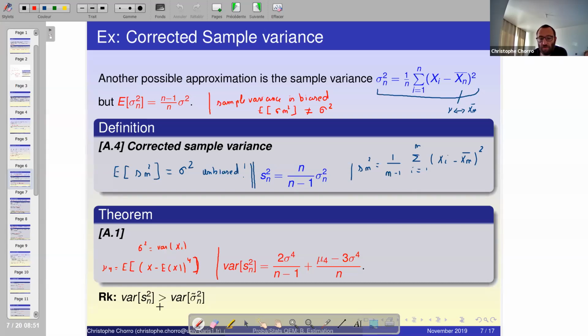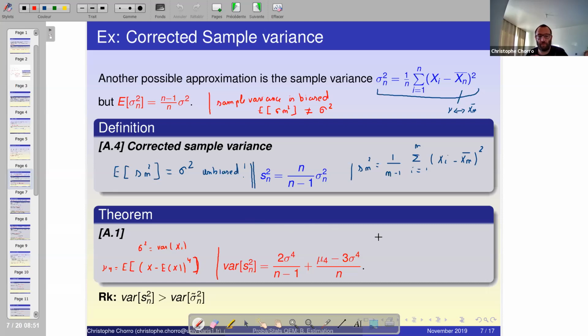So I have this relation, but the advantage of the corrected one is that I can compute it from observations, while the ideal one can't be computed from observations.